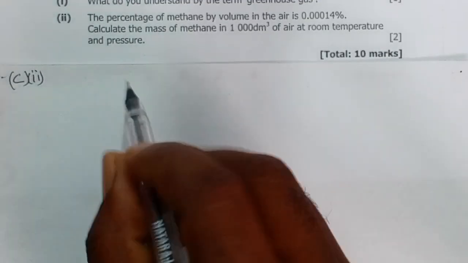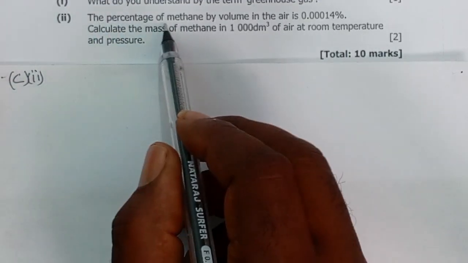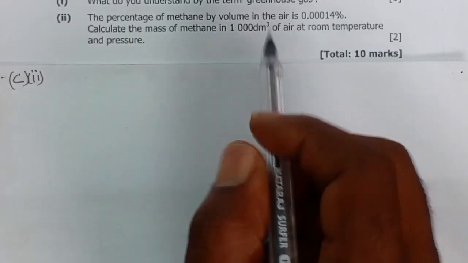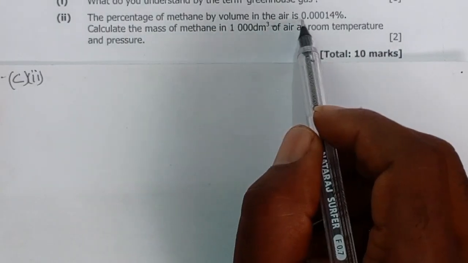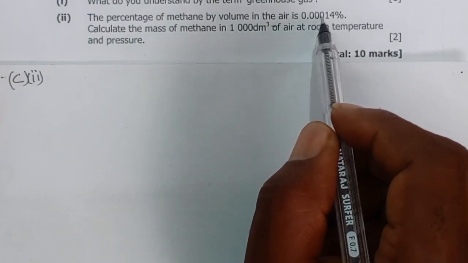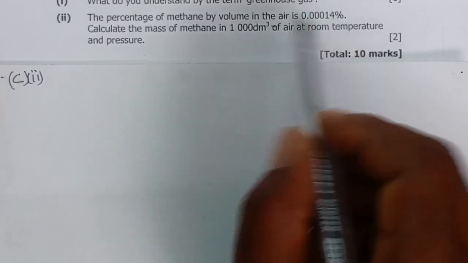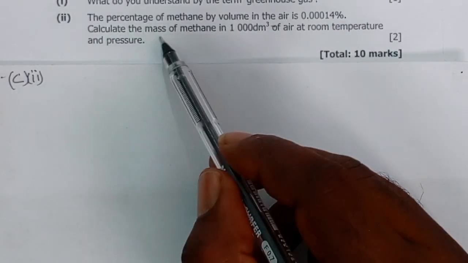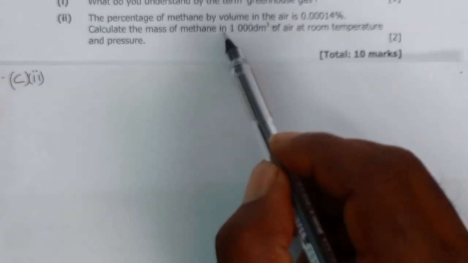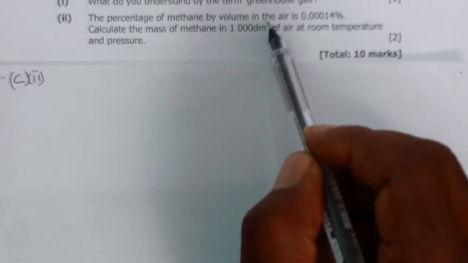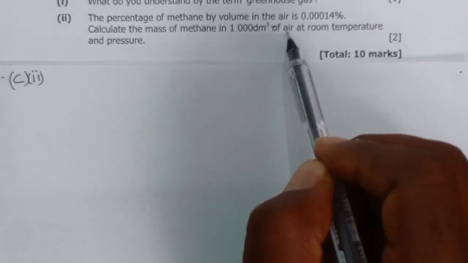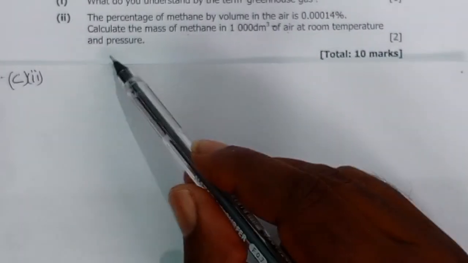So C2: the percentage of methane by volume in the air is 0.00014%. Calculate the mass of methane in 1000 centimeters cubed of air at room temperature and pressure.